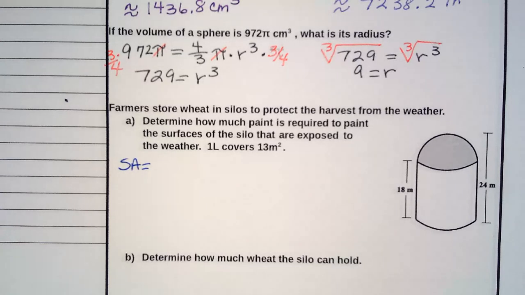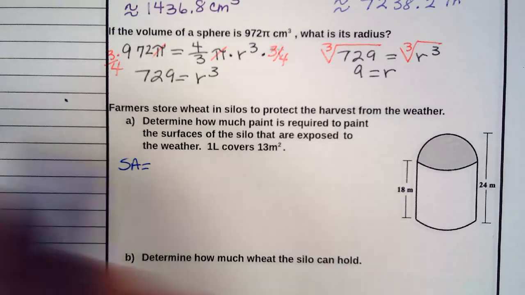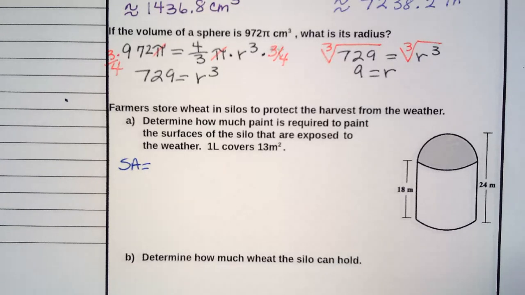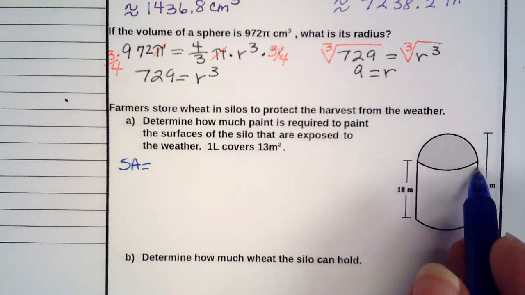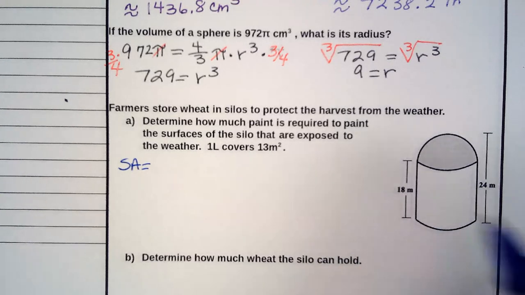What is our radius? How can I find the radius? The whole thing is 24. This is 18.